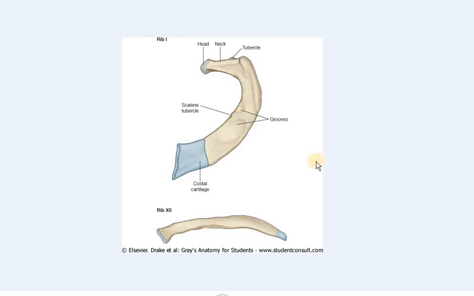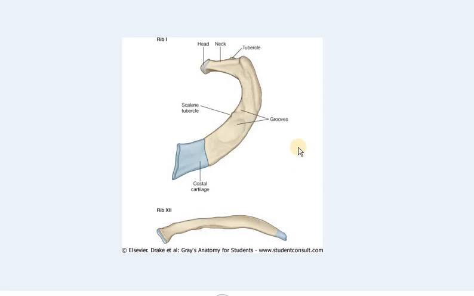Now comes the second rib. The length of the second rib is approximately twice that of the first rib, and the second rib is also very sharply curved like the first rib.